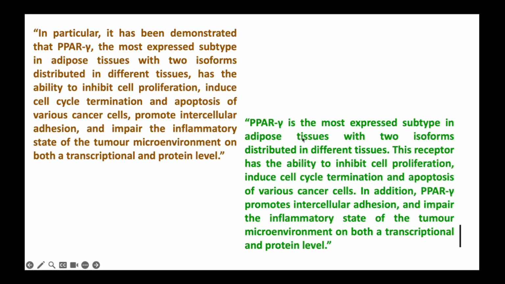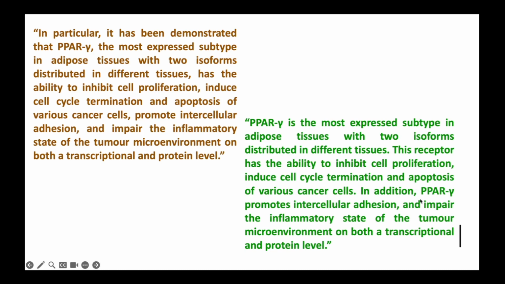Now if you look at the green side, this can be separated into a simpler version: PPAR gamma is the most expressed subtype in adipose tissue, with two isoforms distributed in different tissues. This receptor has the ability to inhibit cell proliferation, induce cell cycle termination, and apoptosis of various cancer cells.